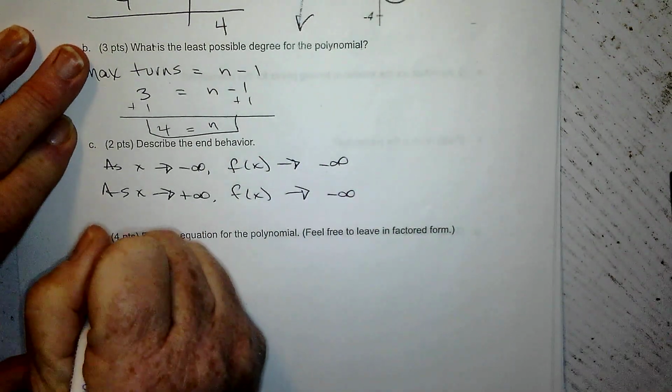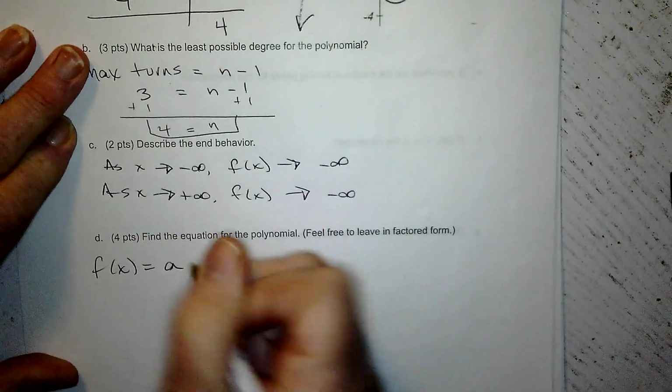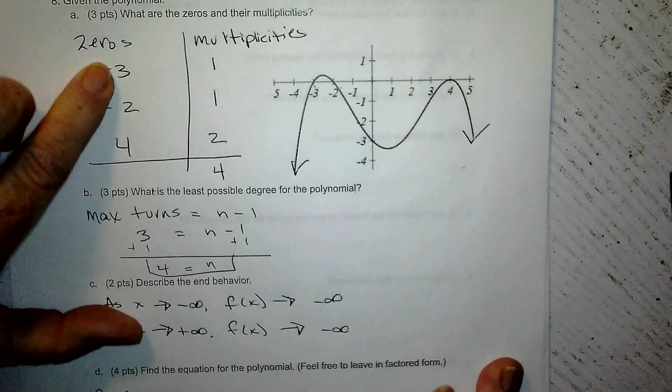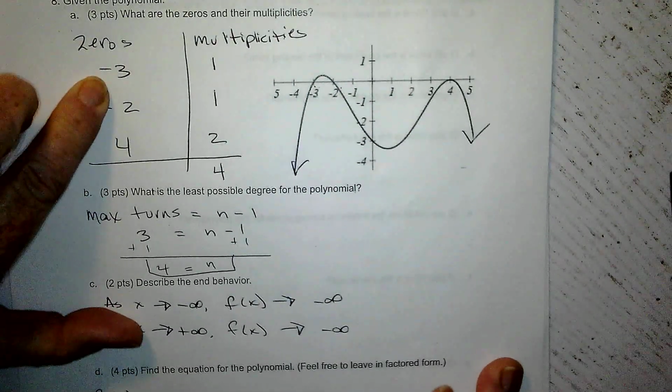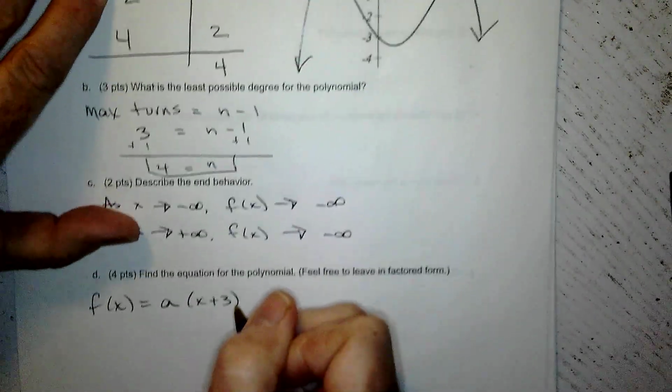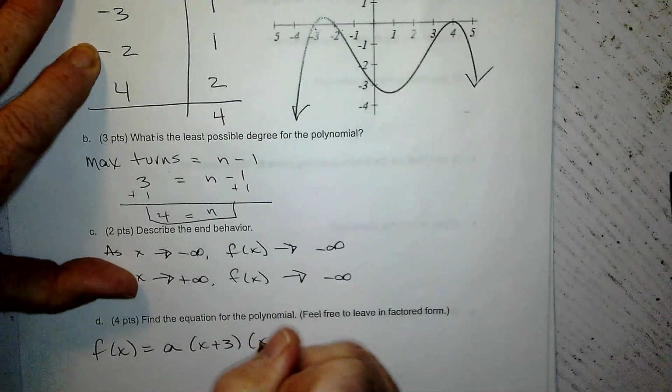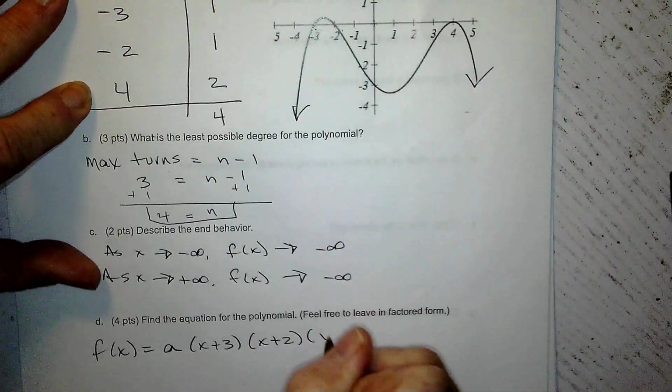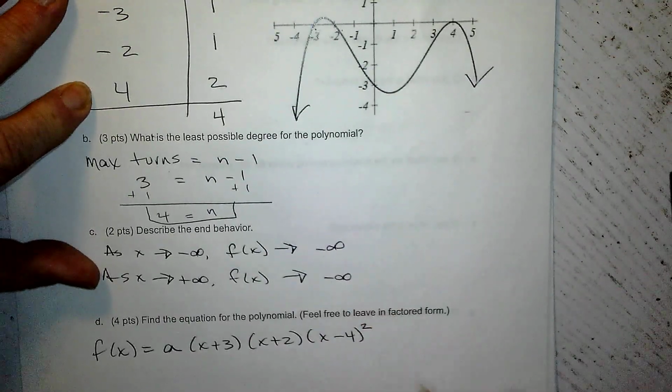Fantastic. So f of x is equal to a. We're going to have to find that. We've got x is equal to -3, so that's going to be x plus 3. We've got x plus 2 and x minus 4, but that one is going to be squared.